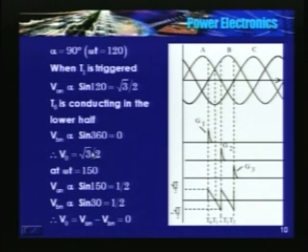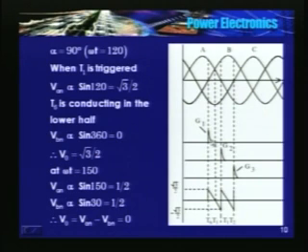Now let us see what happens with alpha equal to 90 degrees. Corresponding value of omega t is 120. Okay, VAN is root 3 by 2, T6 is conducting, VBN is sin 60, it is root 3 by 2, so V naught is 0.